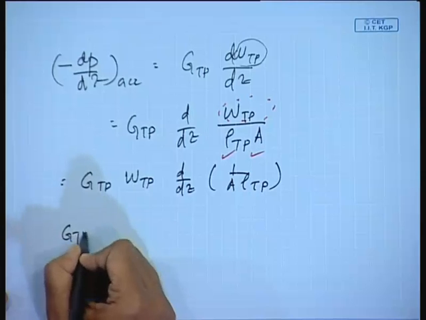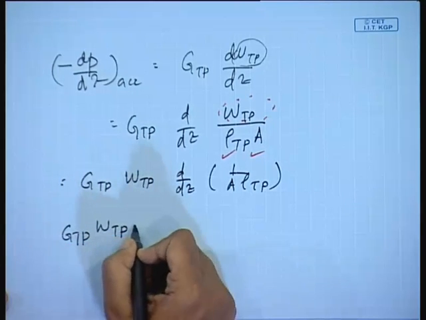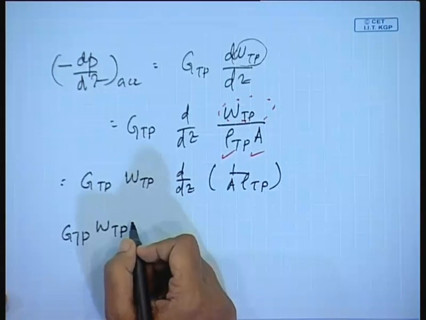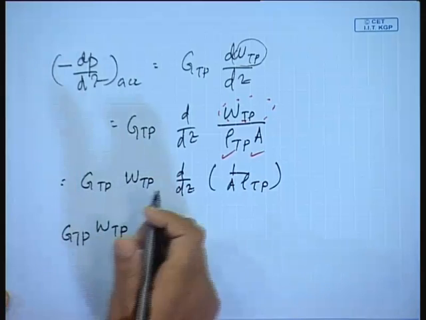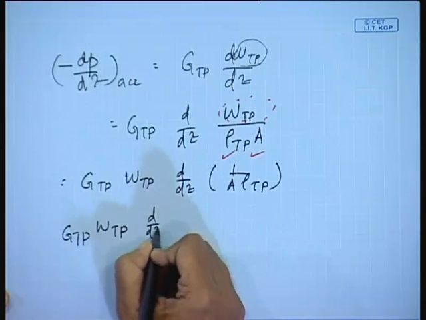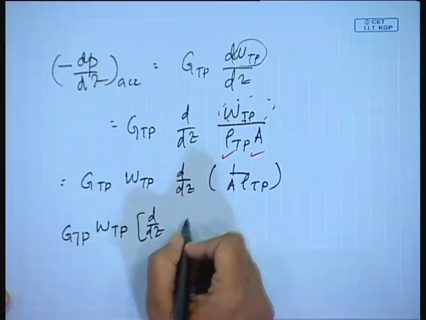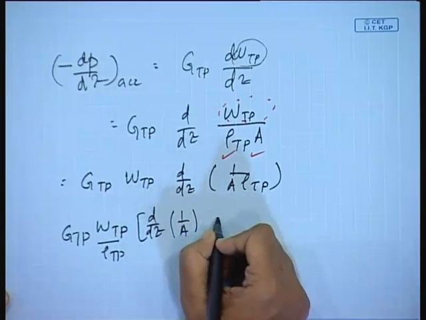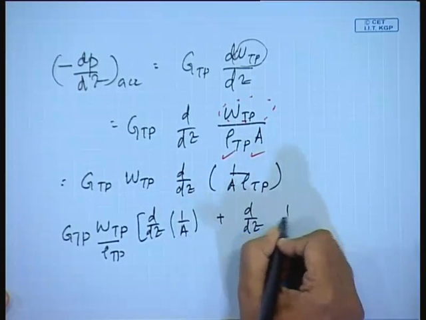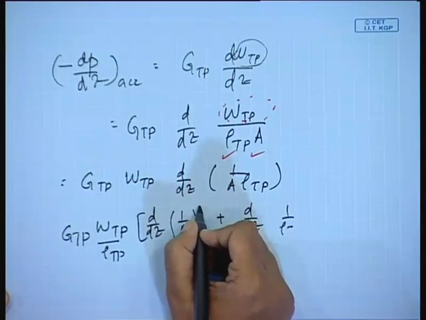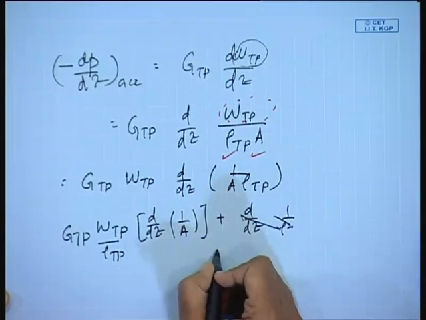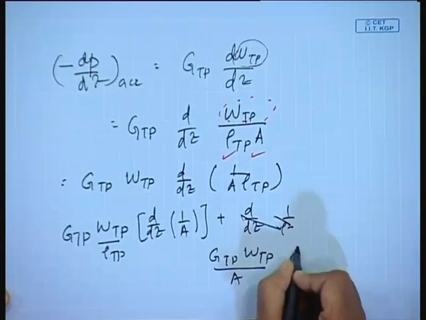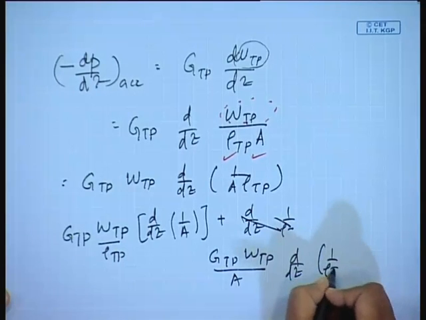You get G_TP, W_TP, and if you perform these differentiations, then what you get is G_TP squared by rho_TP d/dz of 1 by A, plus G_TP W_TP by A d/dz of 1 by rho_TP.